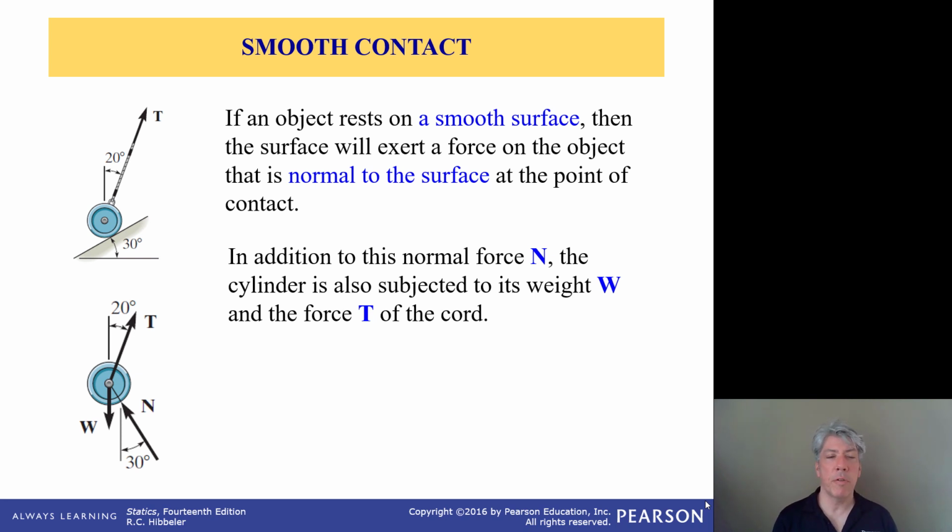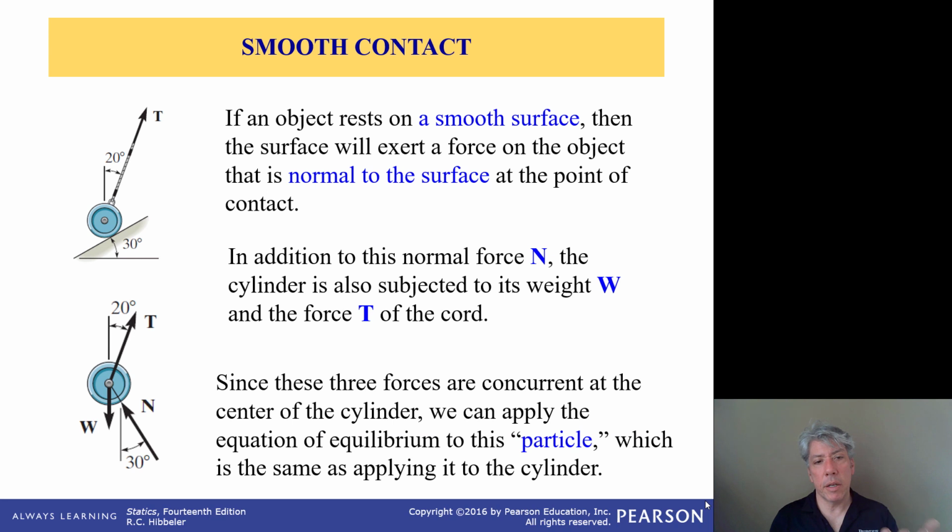Now, why we use so many different words for the same thing, I don't know. If you want to say perpendicular force, that's okay with me. But we usually call it a normal force, and normal simply means perpendicular. Two words for the same thing. Now, again, we can assume or treat this body, even though it has some size, as a particle since all three of those forces act through the center of that body.